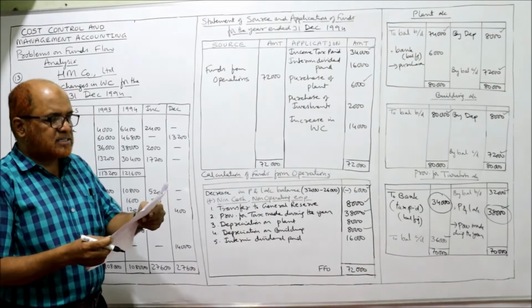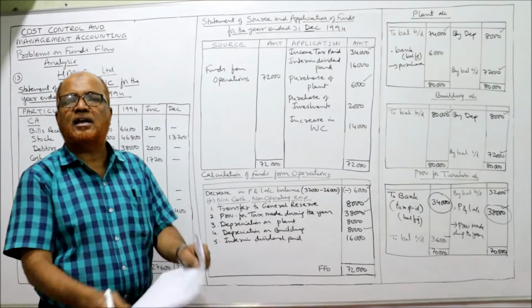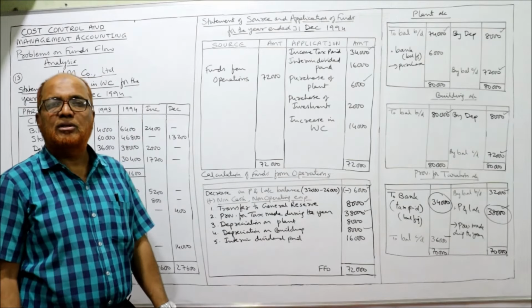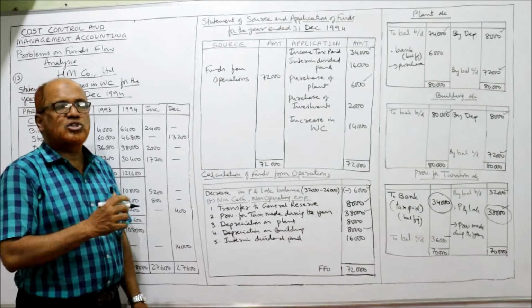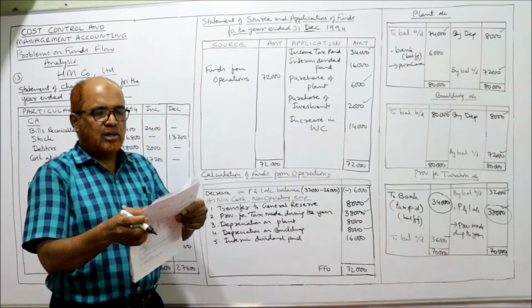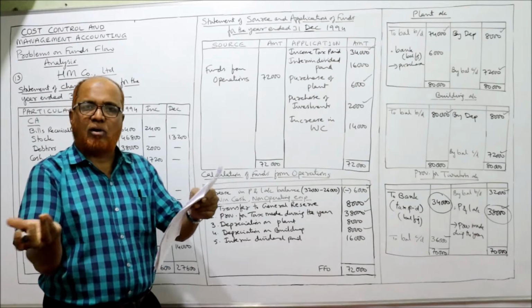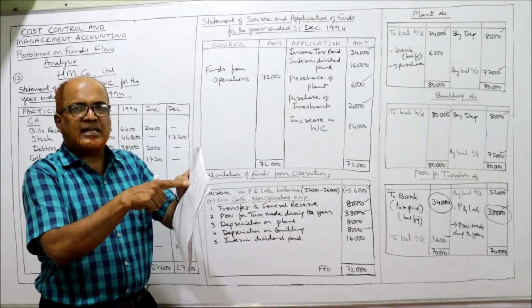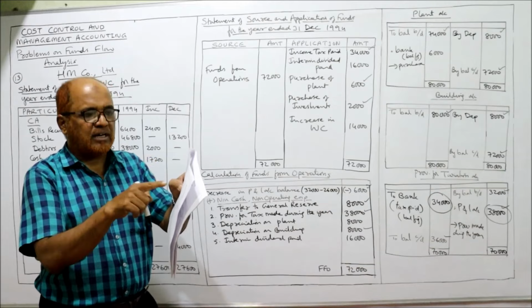Next investments. Last year investment 20,000, current year investment 22,000. So during the year investments are purchased. The purchase of investment, application side, this is 2,000. The plant over, investment over, bills receivable, stock, debtors, bank, already we have taken. First adjustment depreciation we have taken. Provision for taxation we have taken.